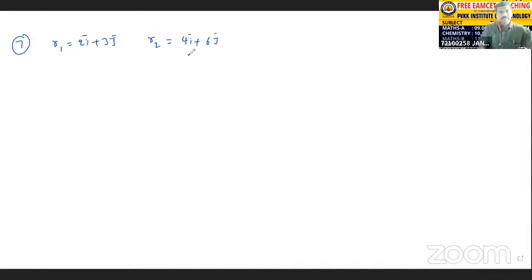So this is x1 y1, this is x2 y2. So x1 comma y1 is equal to 2 comma 3, x2 comma y2 is equal to 4 comma 6. So the force is given, F is equal to 3x square i plus 2yj.